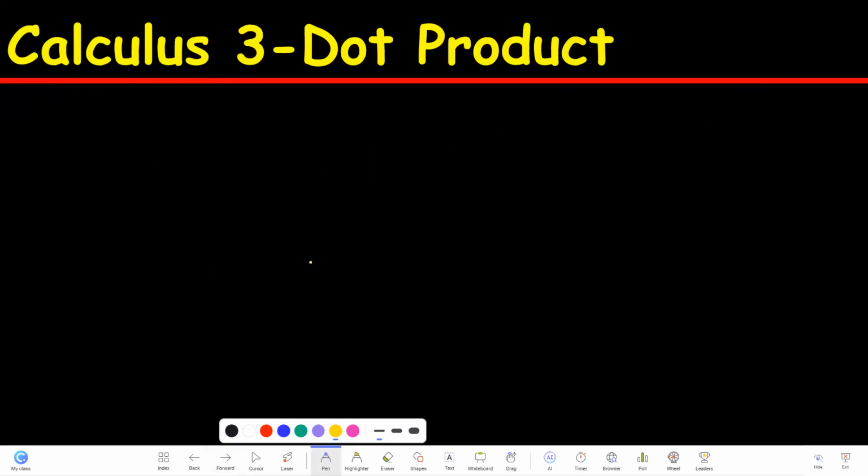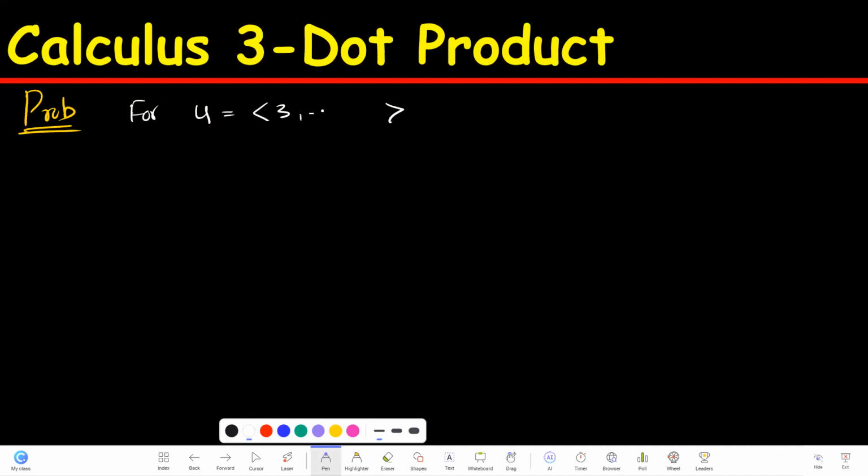Let's take a look at another problem. For u equal to, there's a vector given. I'm going to use these parentheses to mean vectors.